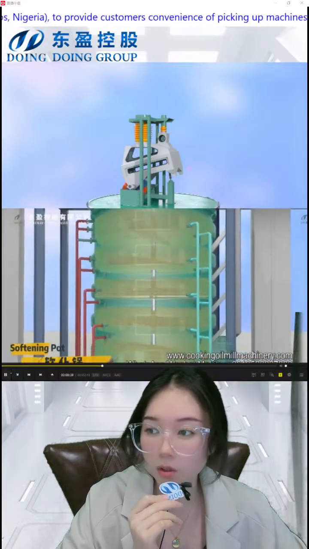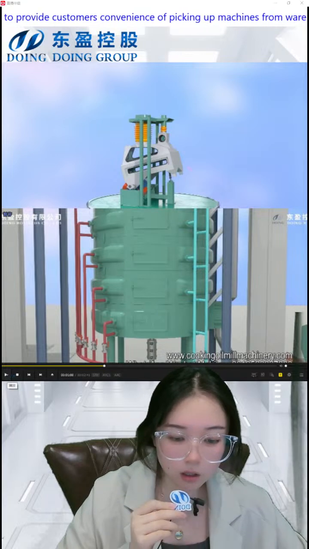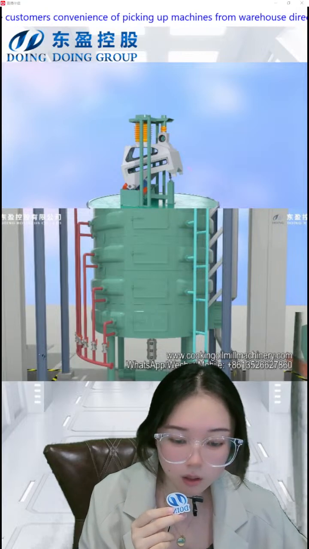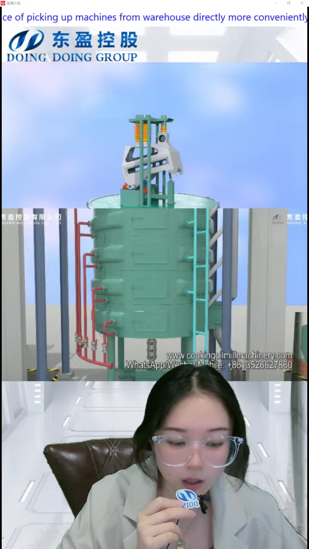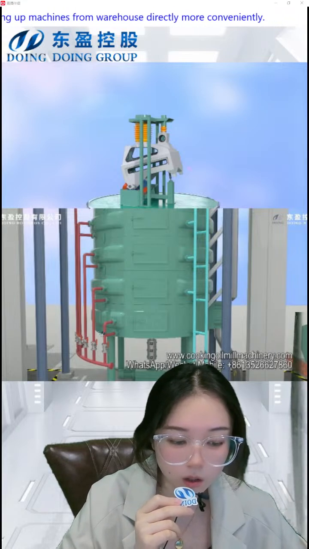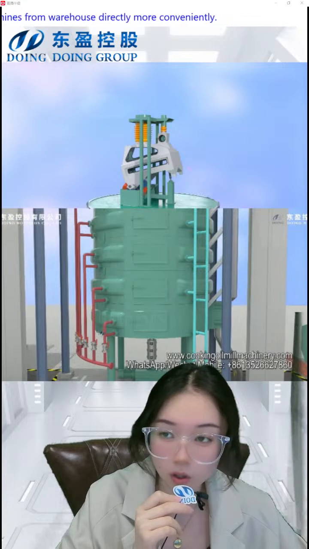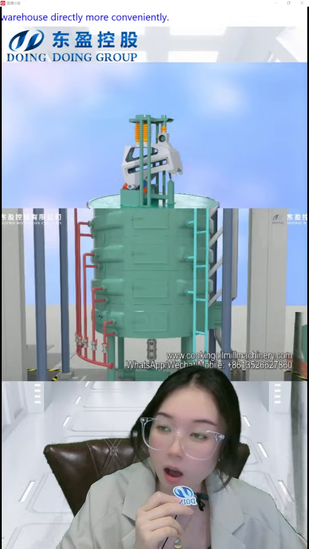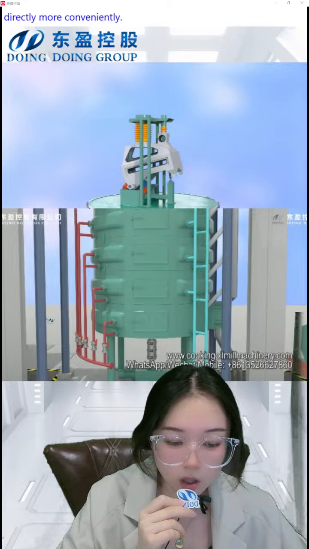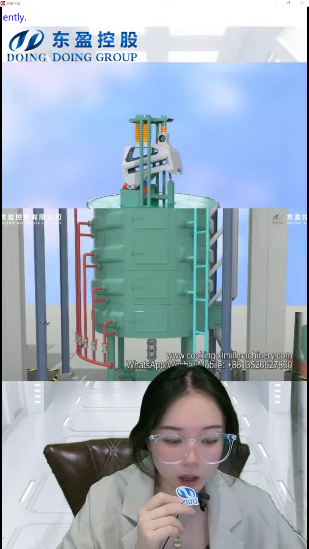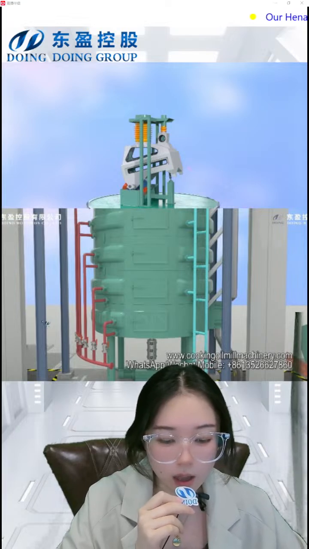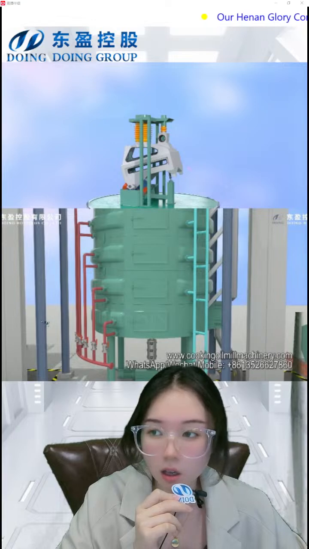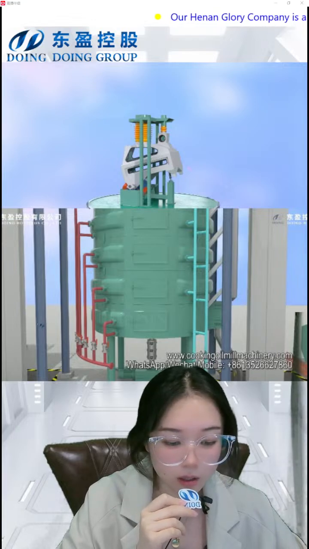These are our softening pots. The softening pot, where direct steam is introduced to adjust the moisture and temperature. Normally, after softening, the humidity is maintained at around 10% and the temperature is maintained at around 70 degrees.